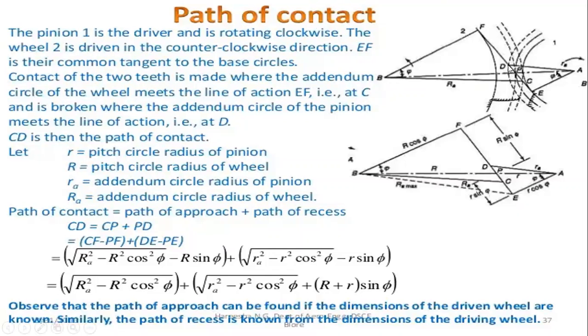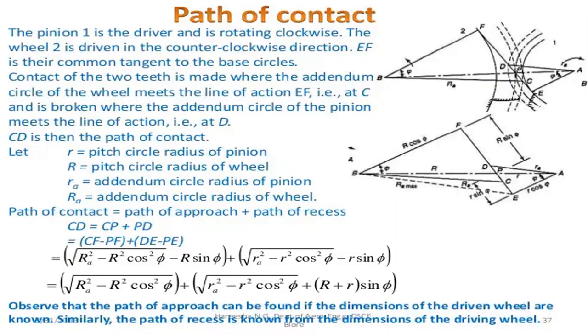So the point D is where the addendum circle touches the line of action. That gives the CD line, which touches the line EF at the addendum circles.